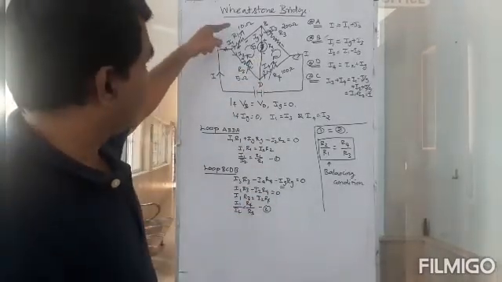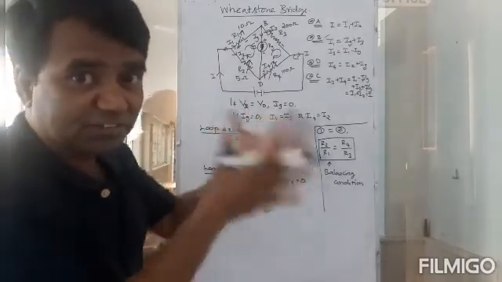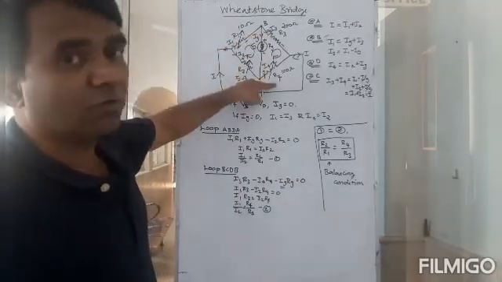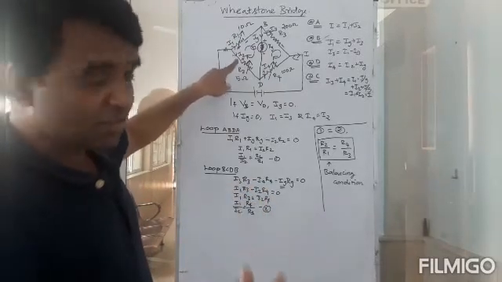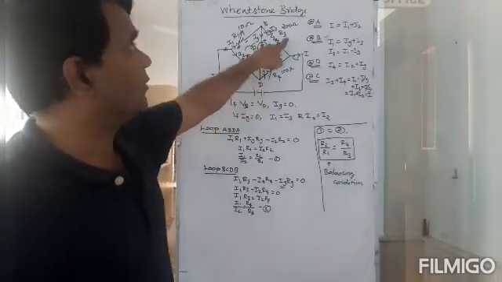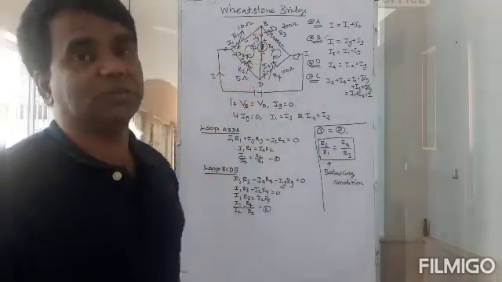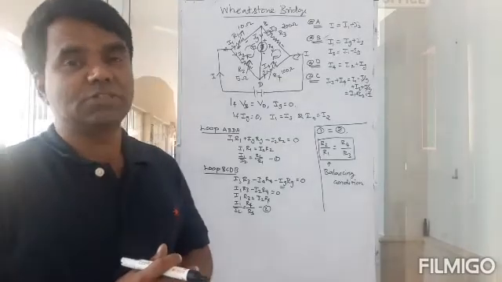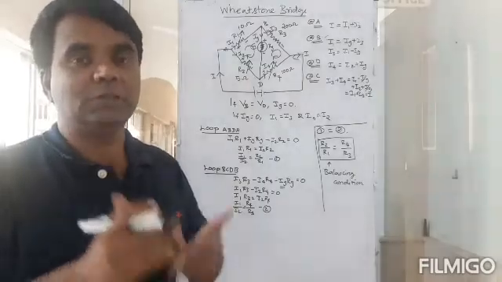I know that R1 by R2, whatever value I have because of the adjustment, will be equal to R3 by R4. I know the value of R1 because I've adjusted it. It's a variable resistance. And I know the value of R2. Then I know the value of R4. Now I can know the value of R3 because this condition would be met when no current flows through it. So that way I can know the unknown resistance value in the circuit. Hope this is clear to you.